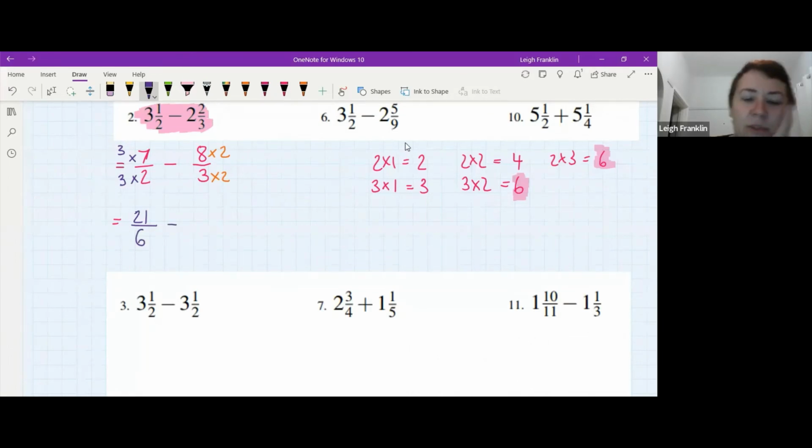And now 8 times 2 is? 16. Excellent. Over 3 times 2 is? 6. Excellent. Okay, now what are we going to do, Lesejo? We're going to subtract the numerators. Okay, we're going to keep the denominator and we're going to subtract the numerators. Beautiful. So 21 minus 16 leaves us with how much?